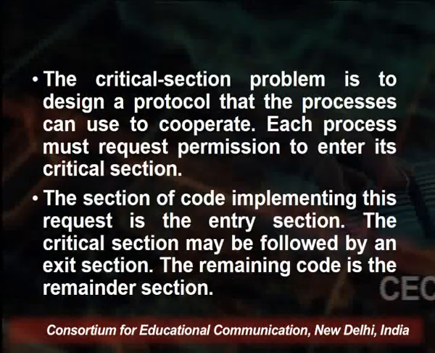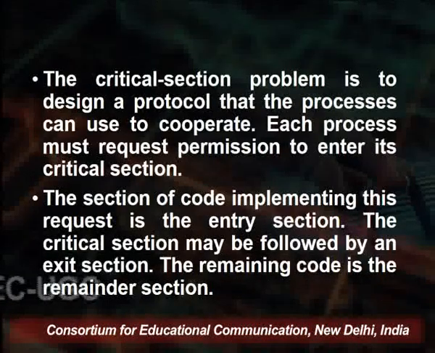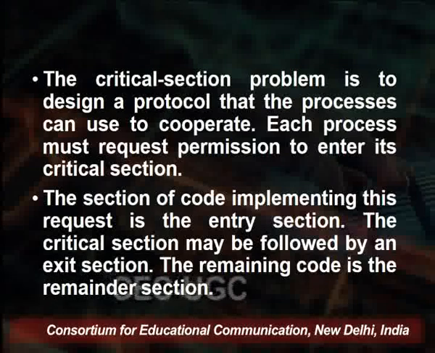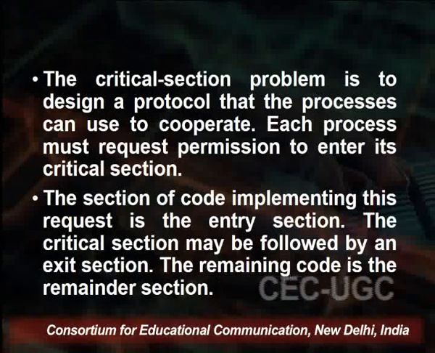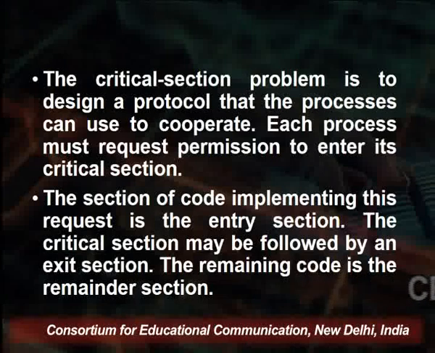Once a process is given permission, no other process will be allowed to enter its critical section unless the first one comes out of it. The section of code implementing this request is the entry section, and the critical section may be followed by an exit section, and whatever doesn't come inside these three sections is the remainder section. That is what we have already seen.